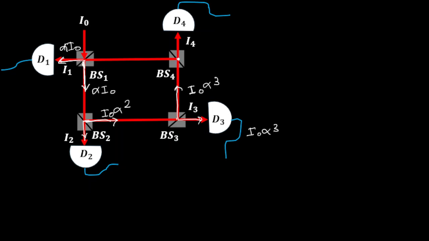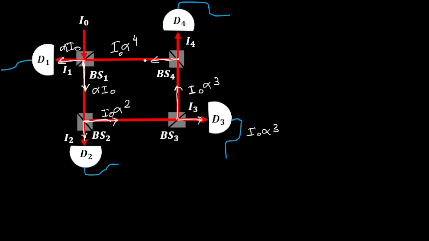After beam splitter 4, the intensity of the reflected light will be, since the incident intensity is I naught alpha cube, alpha to the power 4 into I naught.